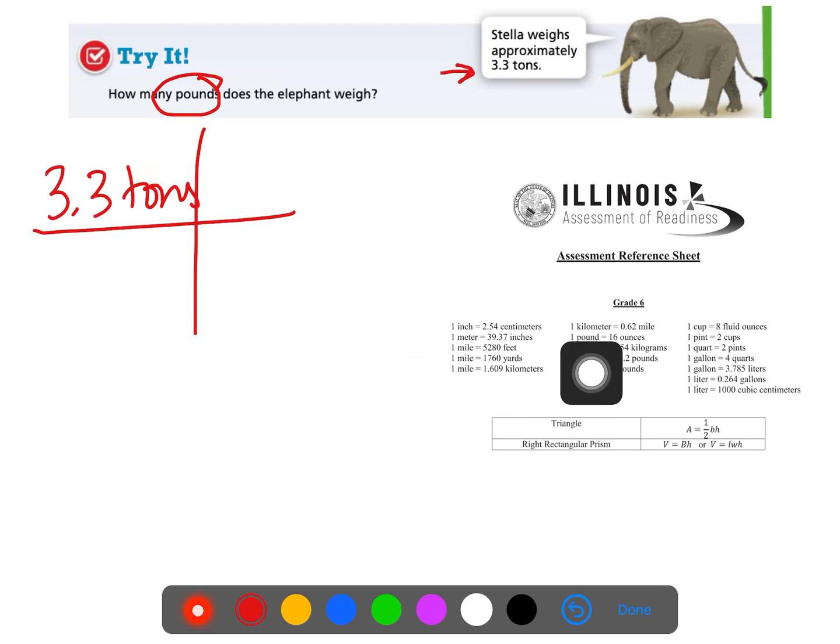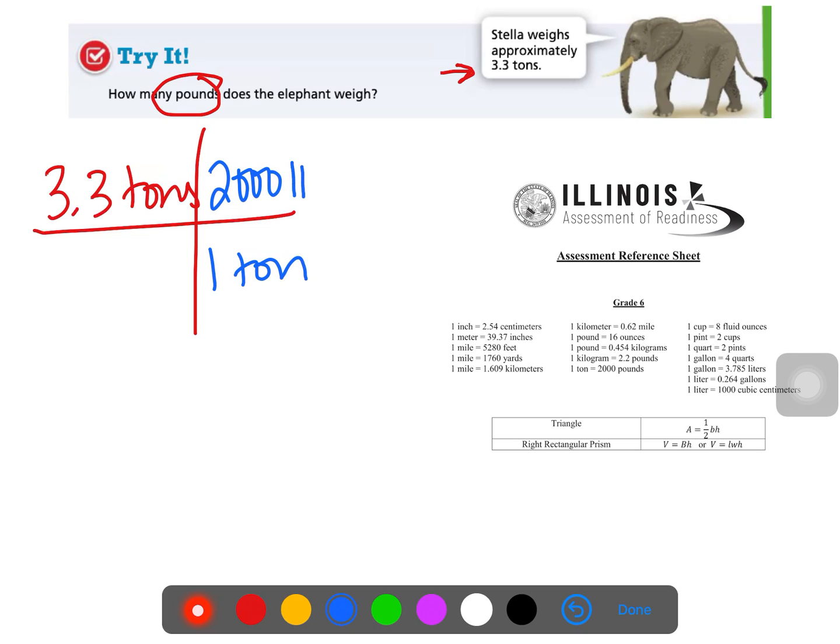So if we look at our conversion factors on our reference sheet, we know that 1 ton is 2,000 pounds. So 1 ton equals 2,000 pounds.